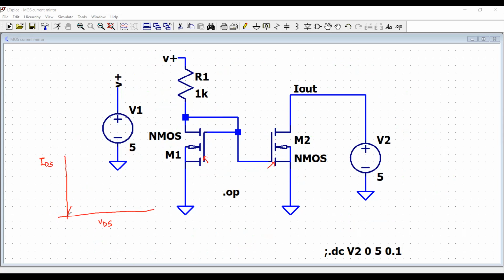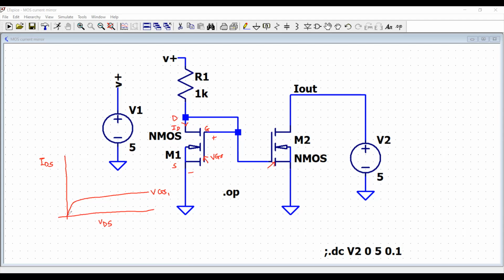For each value of VGS, you have the current flowing through the MOSFET like this. Let's say this is VGS1. So when you apply an electric field between the gate and the source, and between the drain and the source, a current ID flows through the MOSFET.